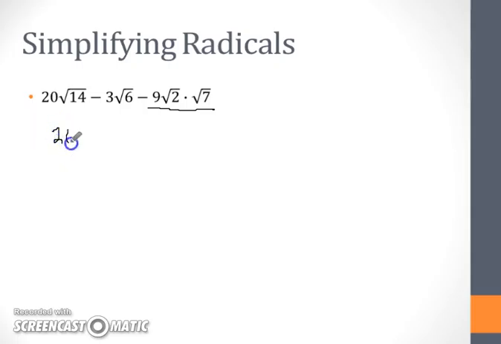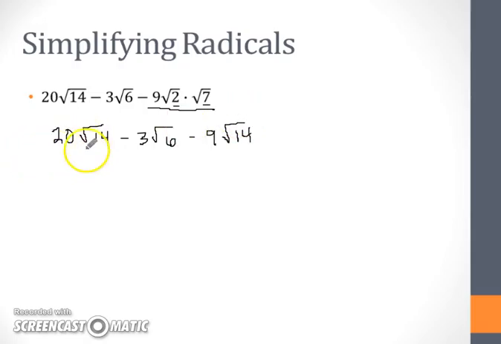If I just rewrite the part that I'm not multiplying, 20 square root of 14 minus 3 square root of 6, and then a minus 9 square root of 2 times square root of 7, you can just multiply the terms inside the radical. So this would become minus 9 square root of 14, because 2 times 7 is 14.